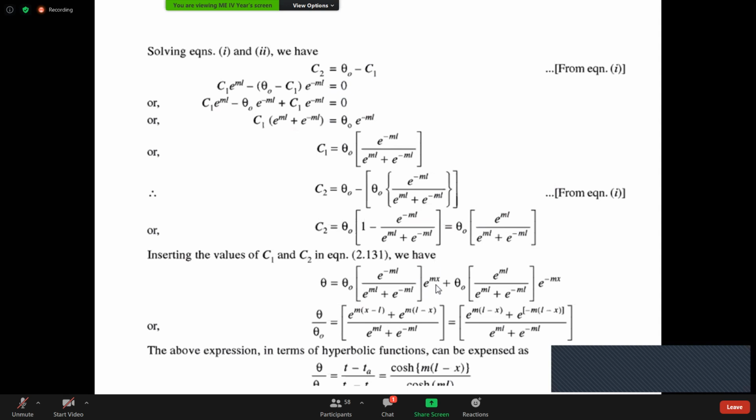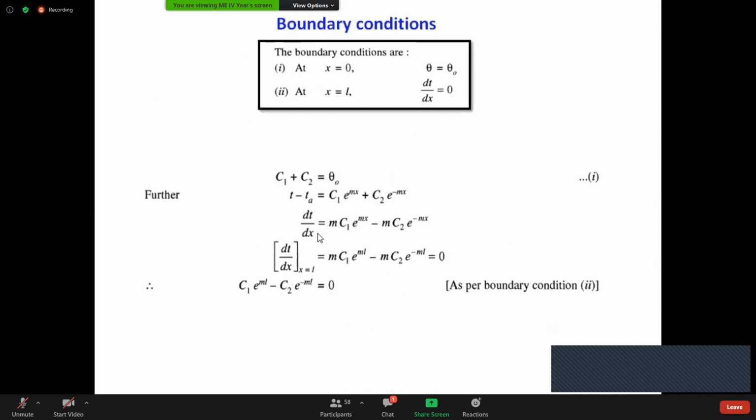C2 is equal to theta naught minus C1. This is from equation 1. Now, whatever equation I have got, I have to substitute here. The C2 is equal to theta naught minus C1. I am substituting in this equation. So I get this C2 value.